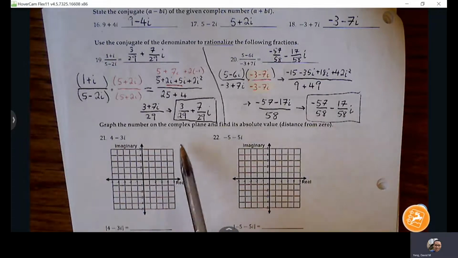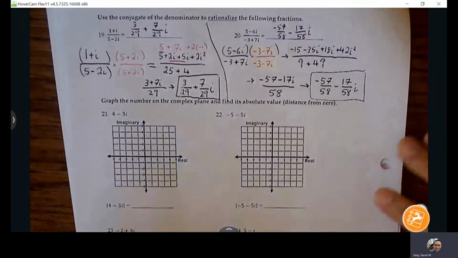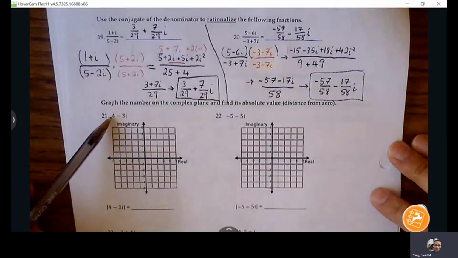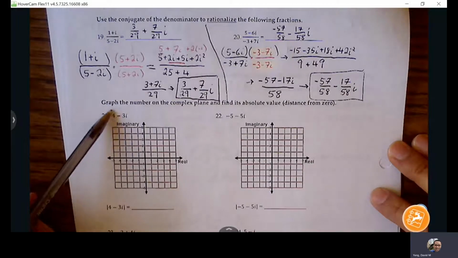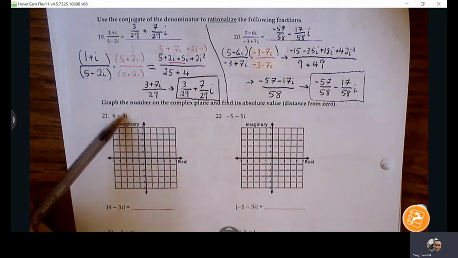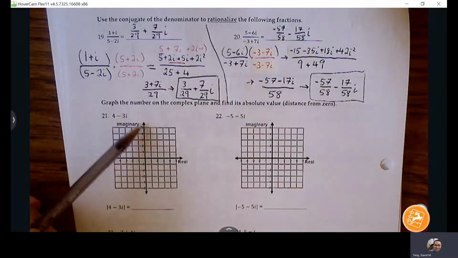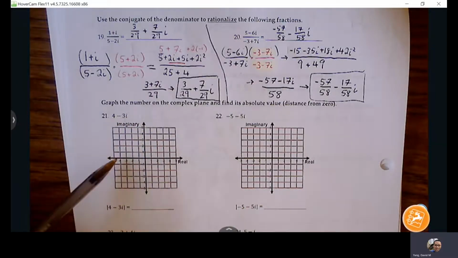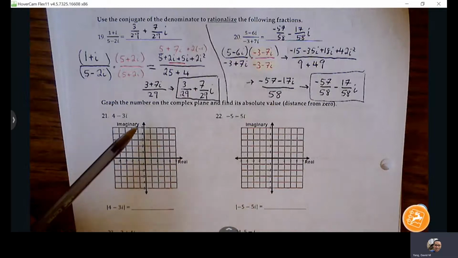Okay, graphing a number on the complex plane. It's going to look a little strange, but really you're just going to treat the first number, the real portion of your expression, as the x value, and then treat the imaginary portion, with the i attached, as your y value. So think of the real portion as the x value, and the imaginary as the y value.